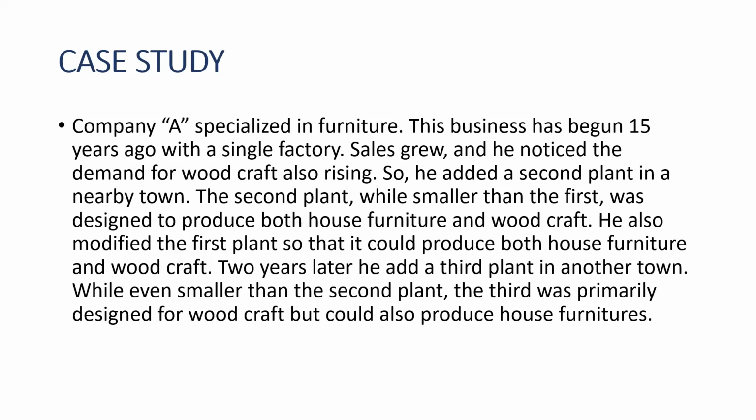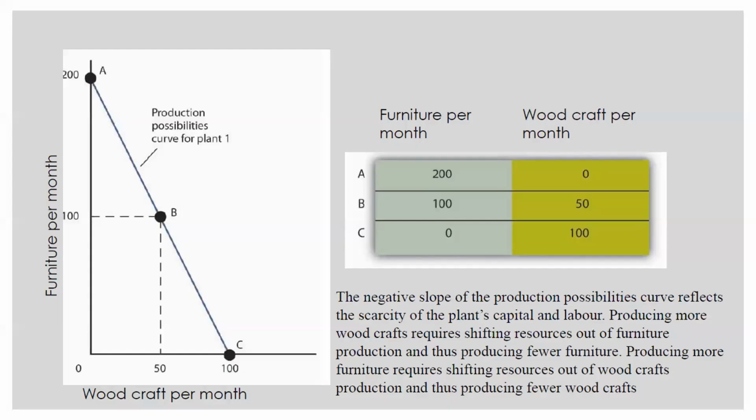That's why we have three plants, and all three plants can be utilized to produce the woodcraft as well as the furniture. So the technology available in all three plants will be fixed. By assuming this, I can draw a diagram like this, and these numerical values also we get from the case.